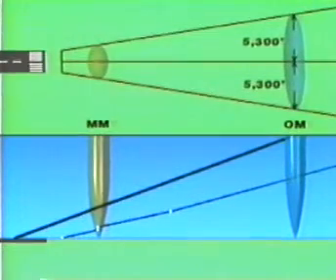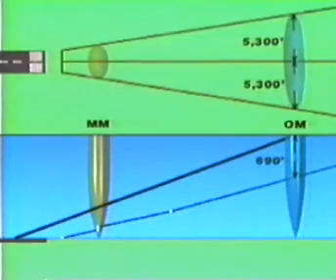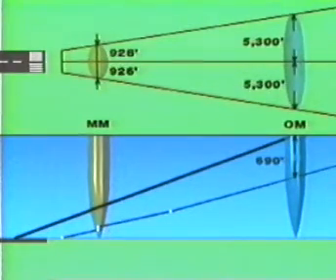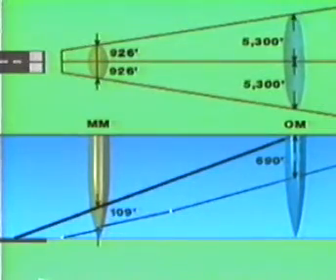The required obstacle clearance is 690 feet. At the missed approach point, the protected area has decreased to only 926 feet, and the obstacle clearance is only 109 feet. So remember, to assure obstacle clearance, stay on the center line and the glide slope.